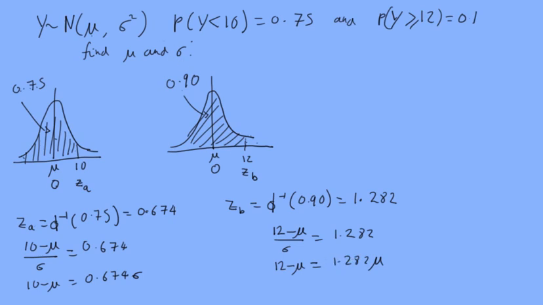Oh, no, sorry, sigma, there we go. Looks like a 6, but it's meant to be a sigma. Right, so now we've got equation 1 and we've got equation 2. So we've got a couple of simultaneous equations that we can work out. So let us do that up here.